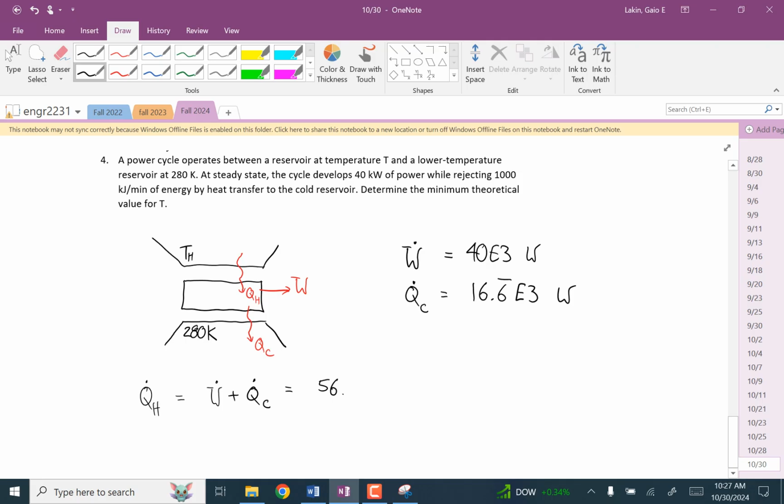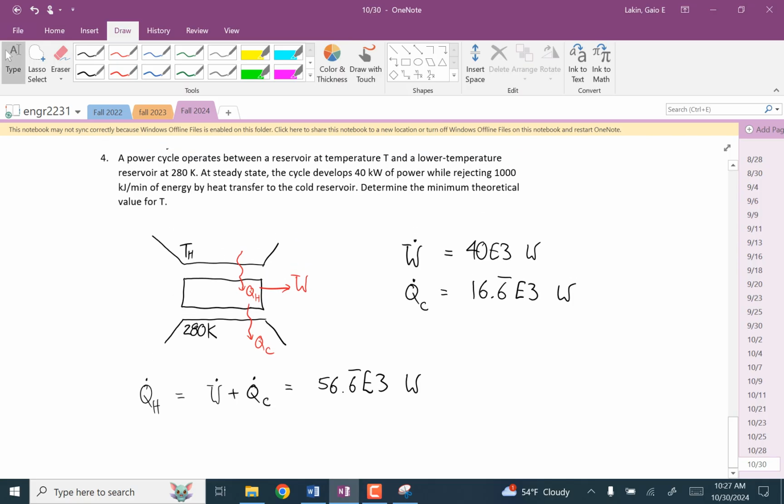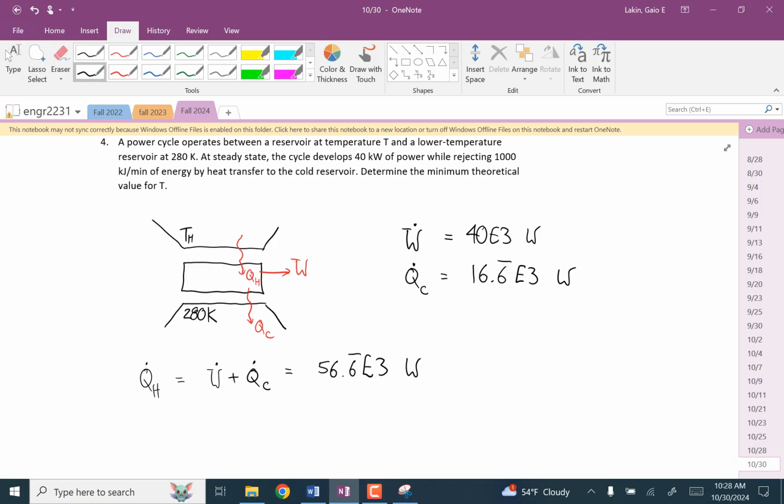So that's 56.6 repeating times 10 to the third watts. So figure out eta from there.